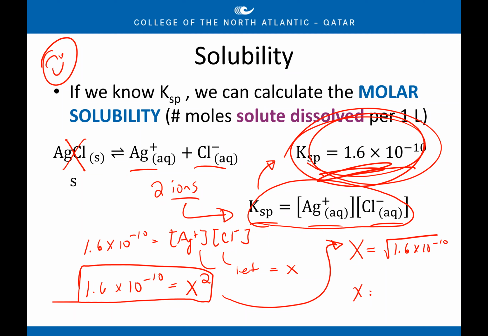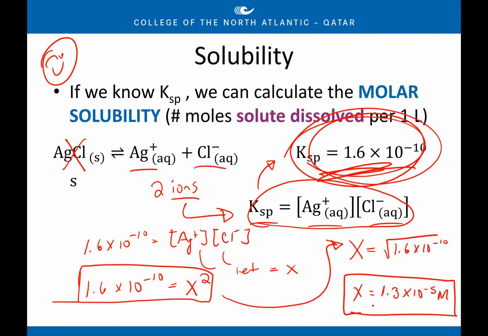There's one more scary, tricky example I'm going to show you in a second. I'm putting this on my calculator now, and I figure out that x equals, to 2 sig figs, 1.3 times 10 to the negative 5 moles per liter.